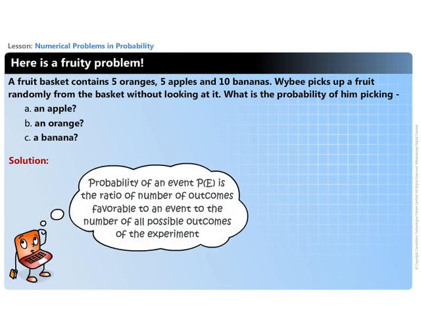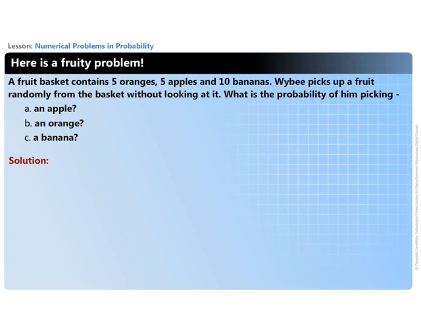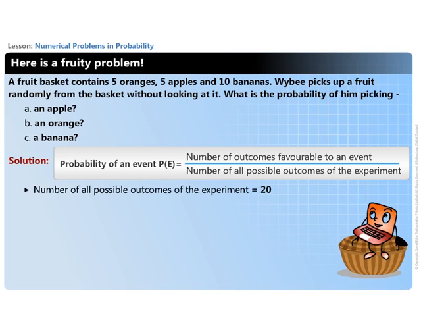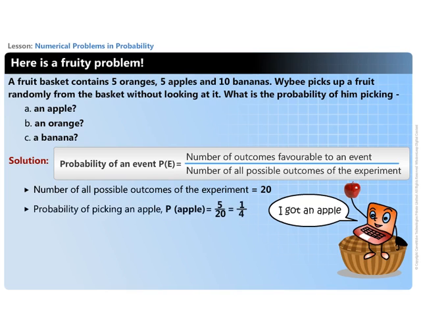Probability of an event P(E) is the ratio of the number of outcomes favorable to an event to the number of all possible outcomes of the experiment. Here, the number of all possible outcomes of the experiment is equal to 20. Substituting the known values and simplifying, we get the probability of picking up an apple, P(apple), is equal to 5 by 20, that is equal to 1 by 4.